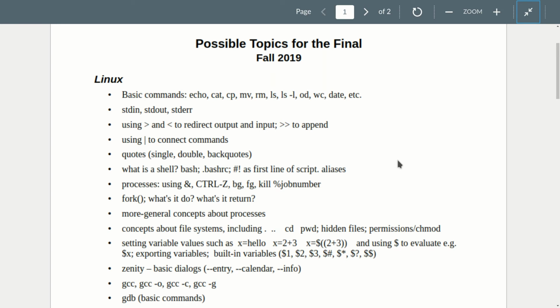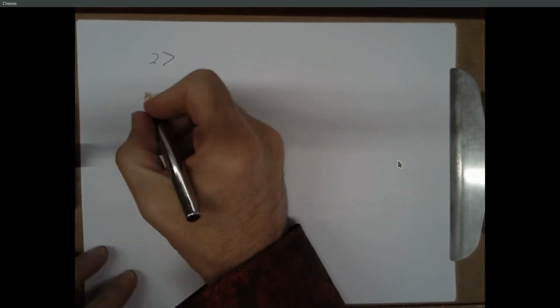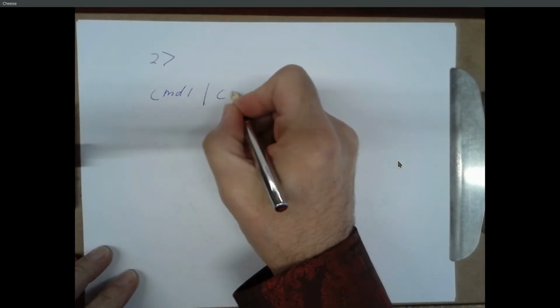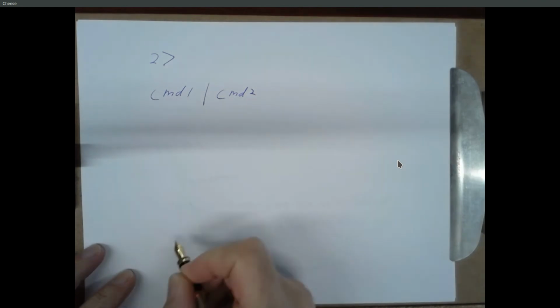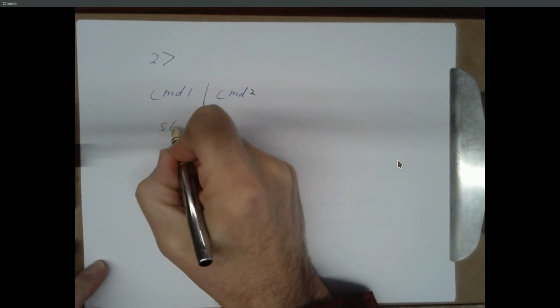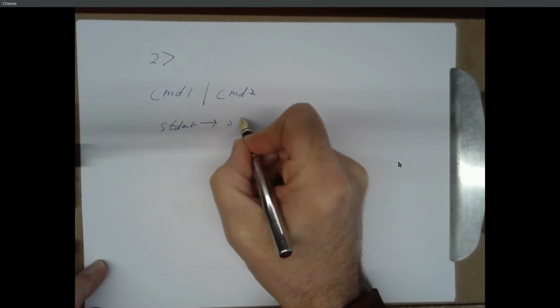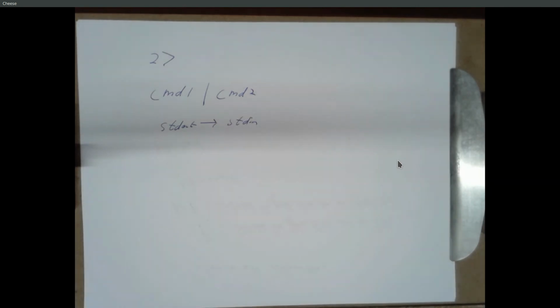So using pipes, you definitely want to be comfortable with piping commands together. So pipes are another way we can modify the nature of standard in and standard out. If you say command 1 and pipe it into CMD2, right? Standard out of this command gets sent to standard in of that second command.